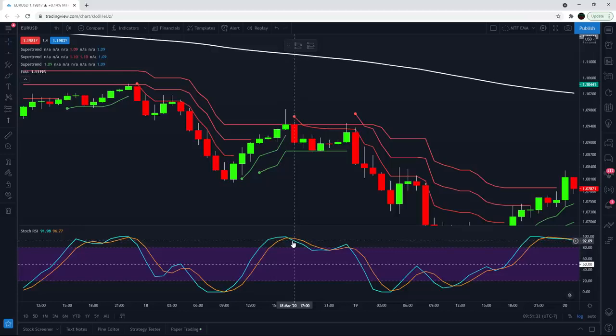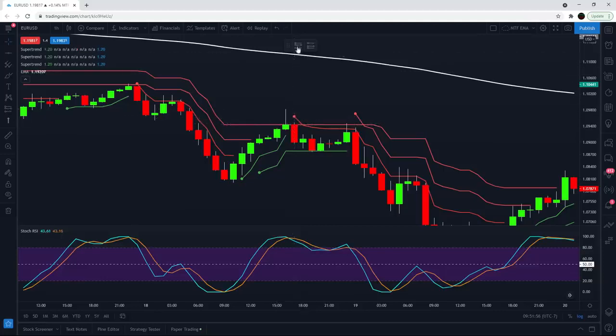For a long position, you can only take a long when stochastic RSI goes oversold below the 20 line and then crosses up. For a short, the cross down must be accompanied by the super trend indicators having at least 2 of their lines above the price when you get the cross down.